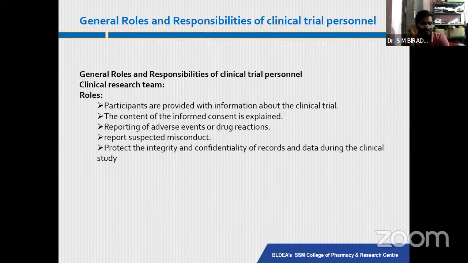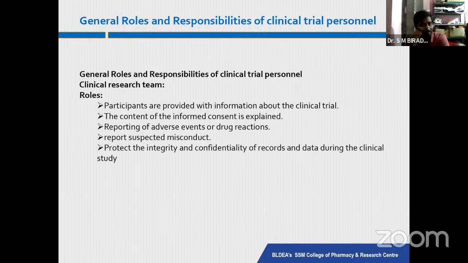There are standard formats available, written in the participant's understanding language, describing the pros and cons of the clinical trial: the advantages and disadvantages the patient may get, the financial benefit the patient may get, and the risk involved in being selected as a participant. All of this should be told by the team.